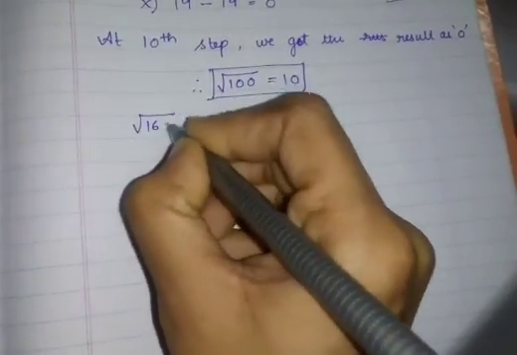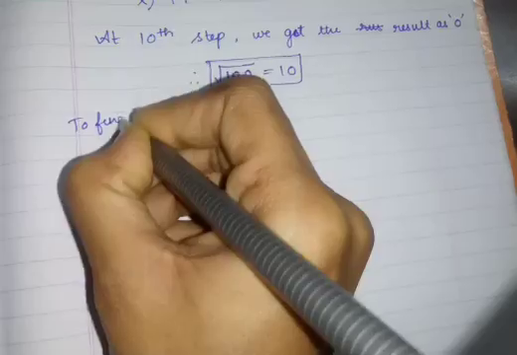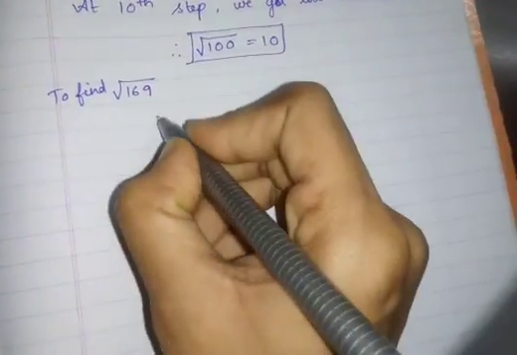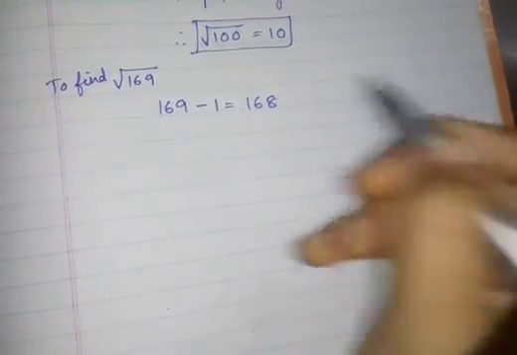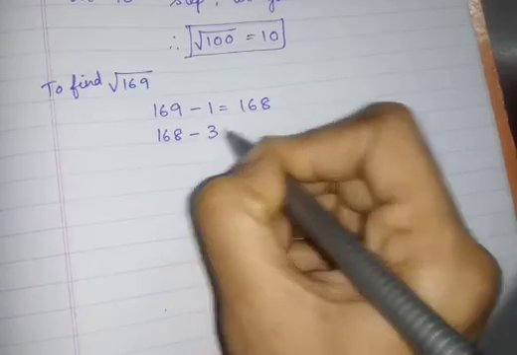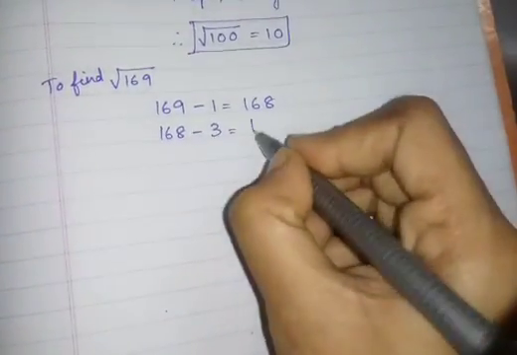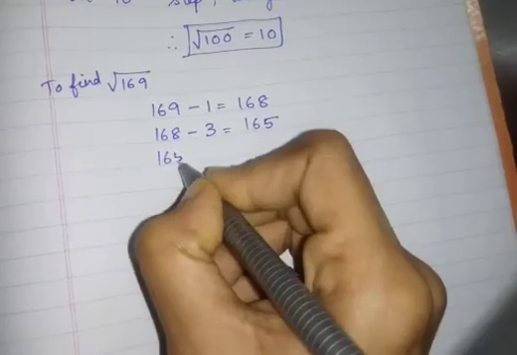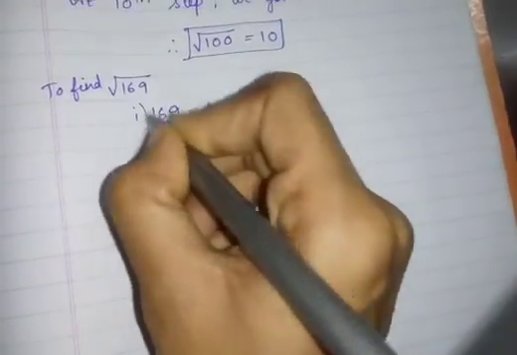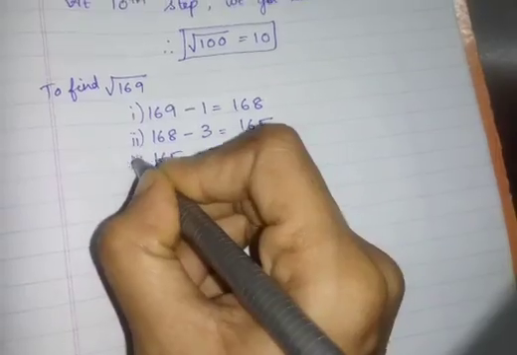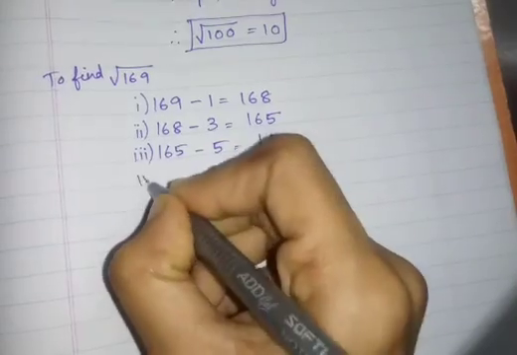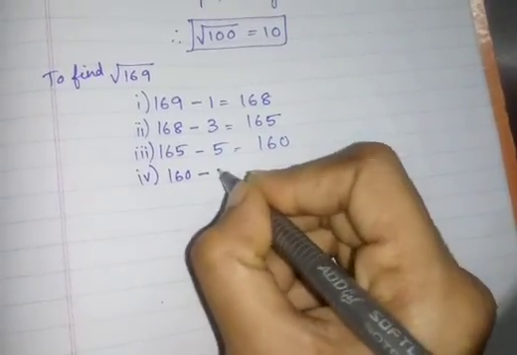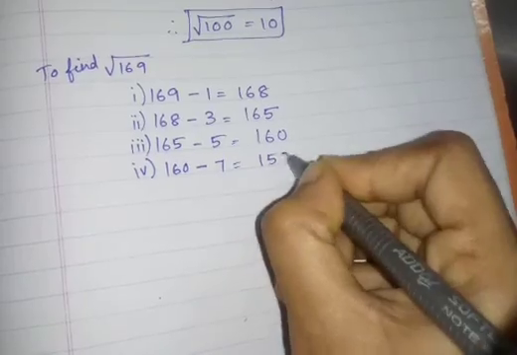Next, we should find the square root of 169. First, 169 minus 1 is 168. Then 168 minus 3 is 165. Then 165 minus 5 is 160. Fourth step, 160 minus 7 is 153.